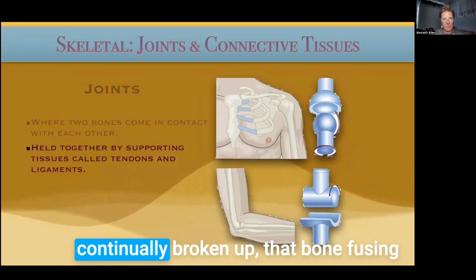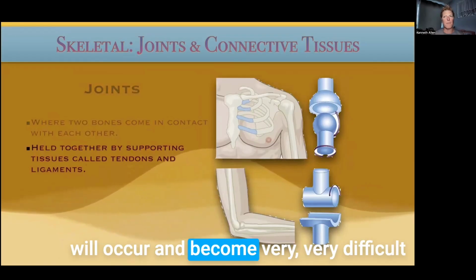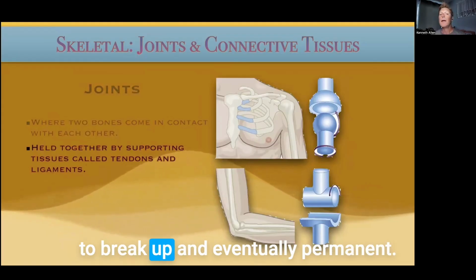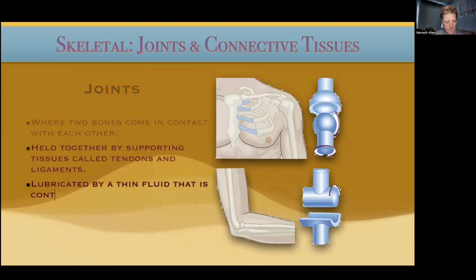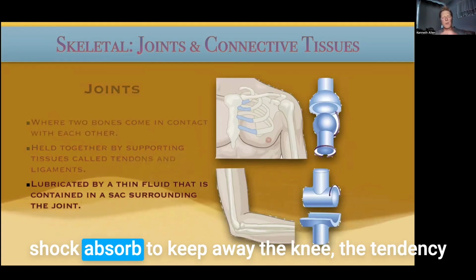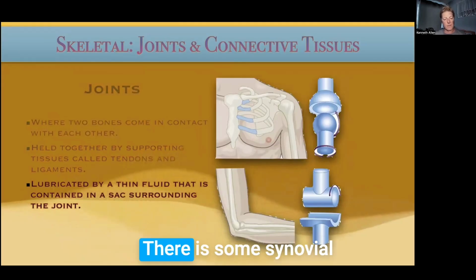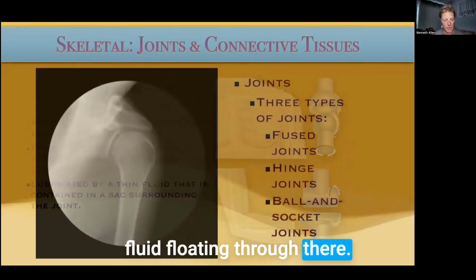And if it's not continually broken up, that bone fusing will occur and become very, very difficult to break up and eventually permanent. So every joint must have some kind of cartilage to shock absorb, to keep away the tendency to fuse, and to lubricate and move around. There is some synovial fluid floating through there.